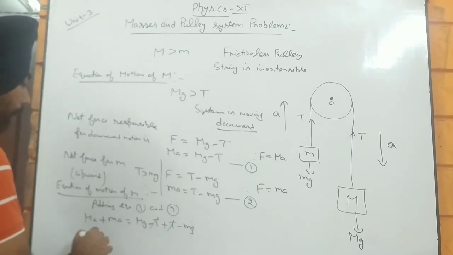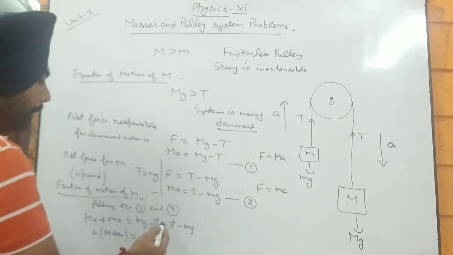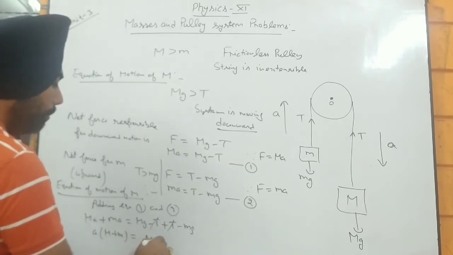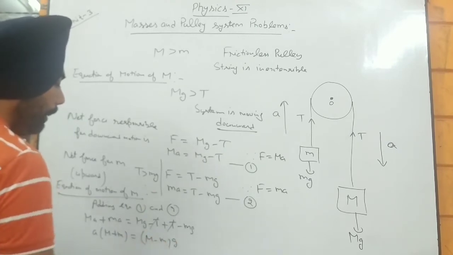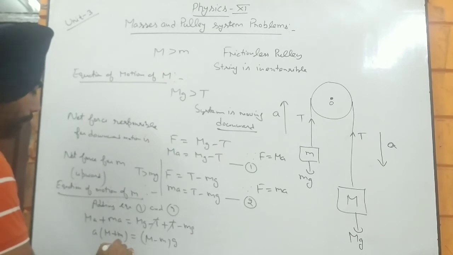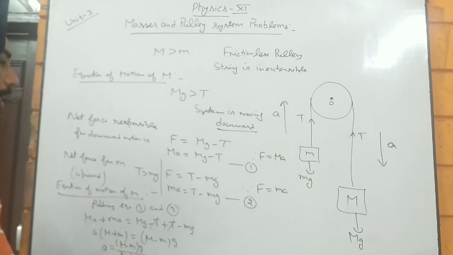Now you can take a common here, that is capital M plus small m, and you can take g common here, so M minus small m into g, and that is your answer. So a is going to be equal to capital M minus small m, g over capital M plus small m. Now that is going to be your answer for acceleration.